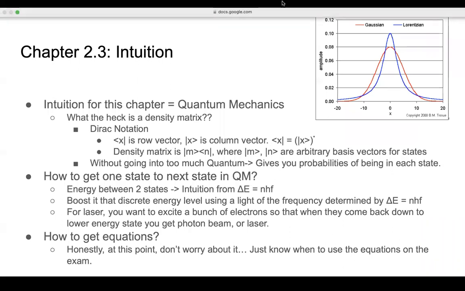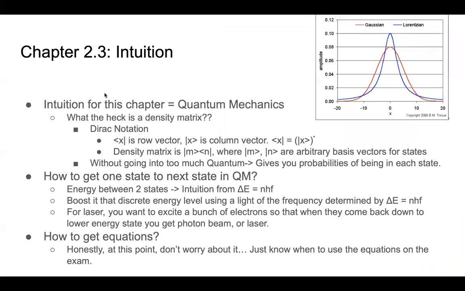So I guess the intuition for this chapter, 2.3, is that you basically have quantum mechanics. This chapter talks a lot about populations and exciting from one energy state to the next. It talks about a density matrix. So what is that? If you study some quantum mechanics, you'll encounter something called Dirac notation.